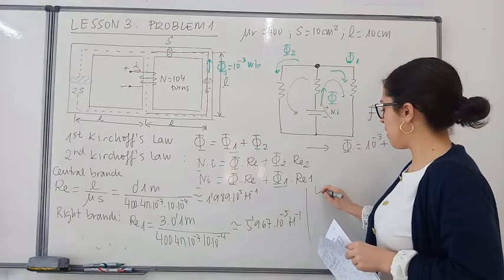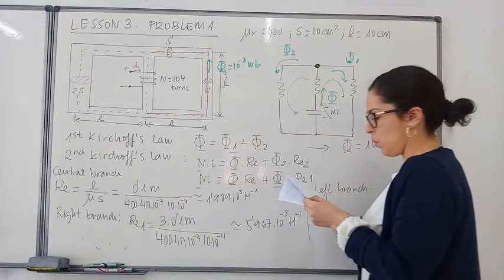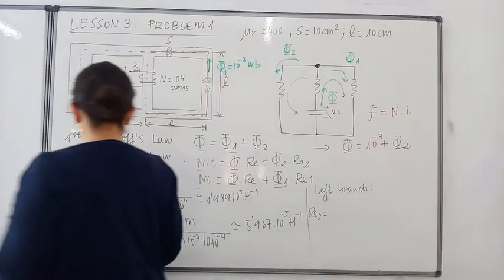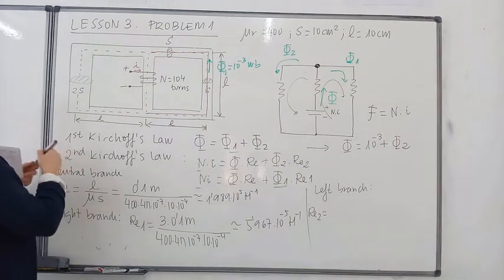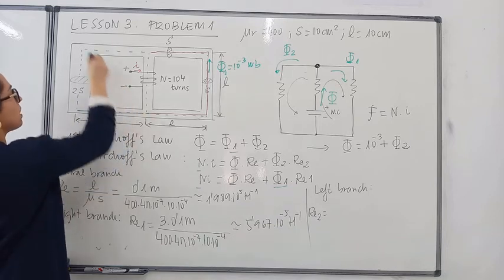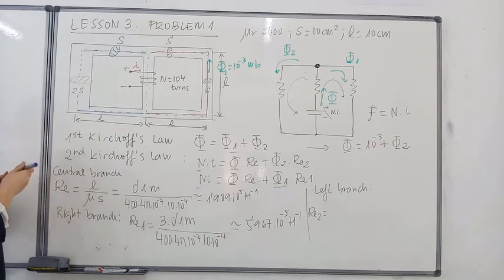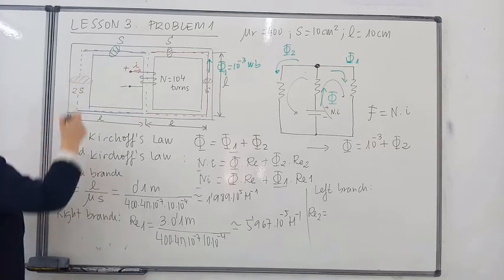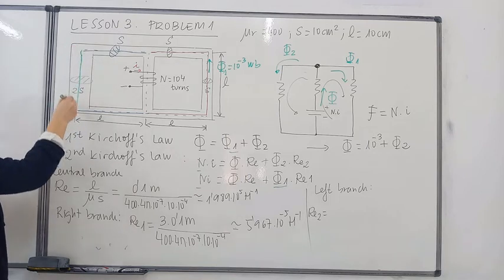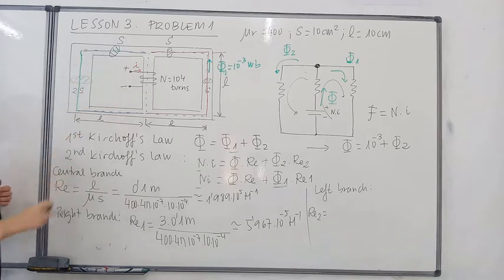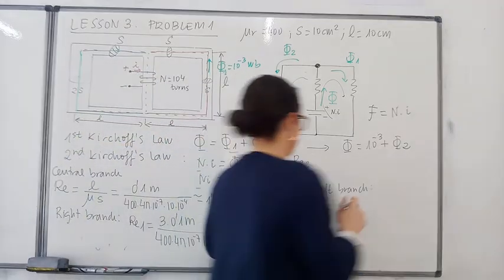If now you do the left branch, you will have reluctance 2. So here, as you can see, in this length and this length, the cross section is S. And in this other length here, the cross section is 2S. So we are going to separate these two terms in the expression of the reluctance.